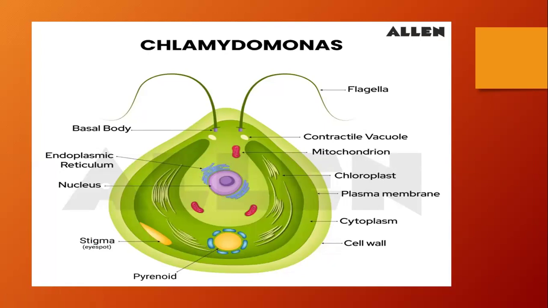This means that it can synthesize its own food with the aid of sunlight, and that process is called photosynthesis. So it can photosynthesize. Then what makes it animal-like is that it can move from one place to another. The other parts of it are just the same.